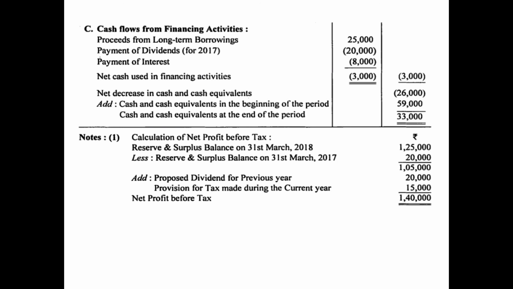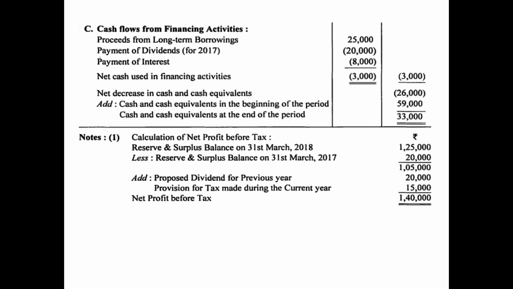To this we will add the cash and cash equivalents at the beginning of the period, which is given in the question, that is the last year balance of 59,000. So 59,000 plus minus 26,000 will ultimately come to a positive balance of 33,000. As you can see, this is the same as the cash and cash equivalents at the end of the period, which is shown. So it is also a cross check.